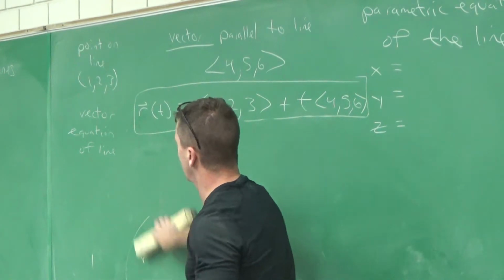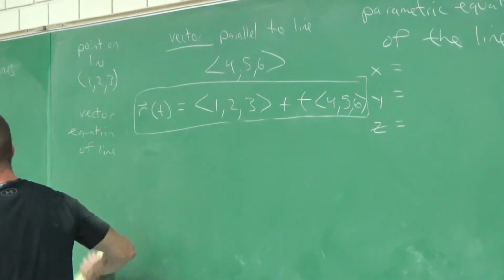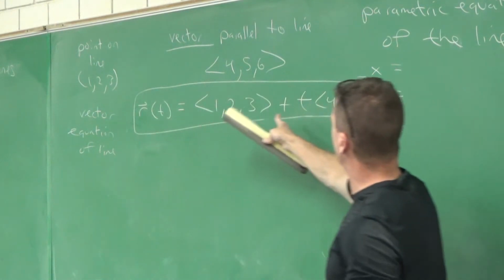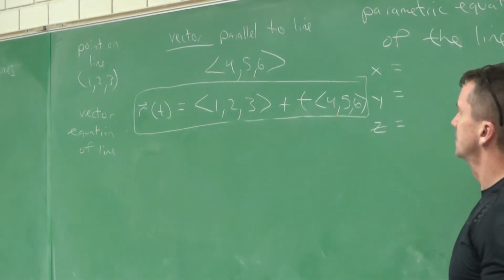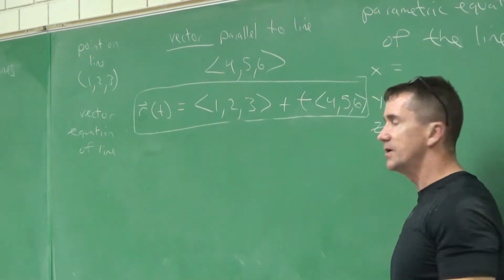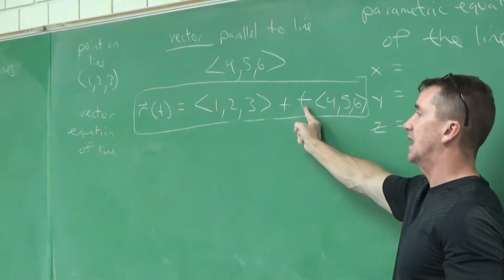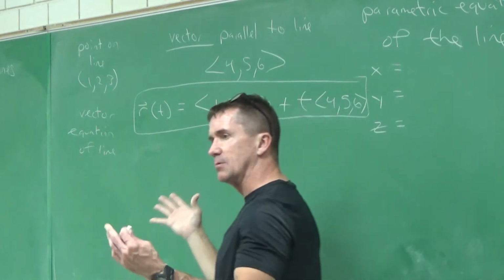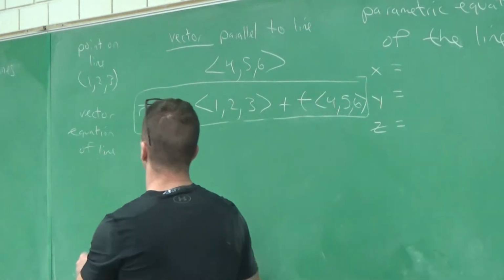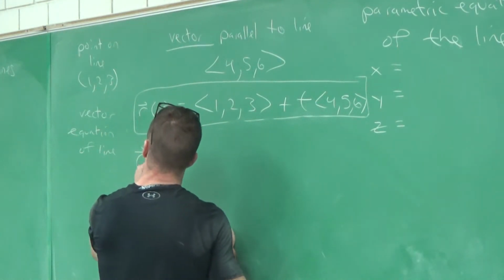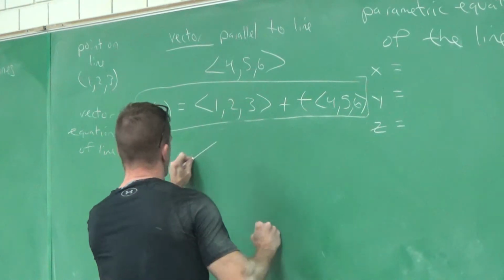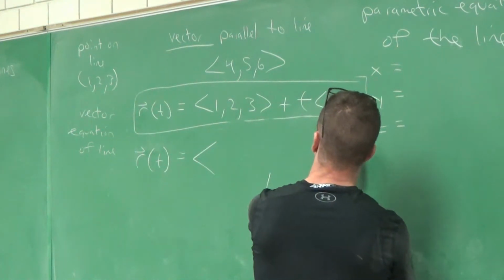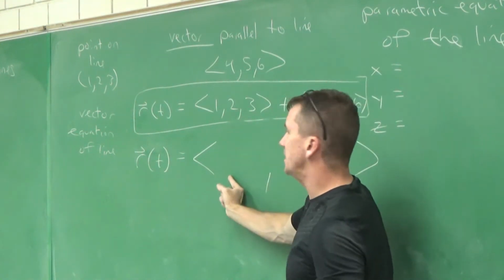Take all this out of the way. We can keep that up there. But this is the vector equation of that line. R of t equals 1, 2, 3 plus parameter t times 4, 5, 6. But can we combine these to make one vector? So let's do that. What would be in the x component?